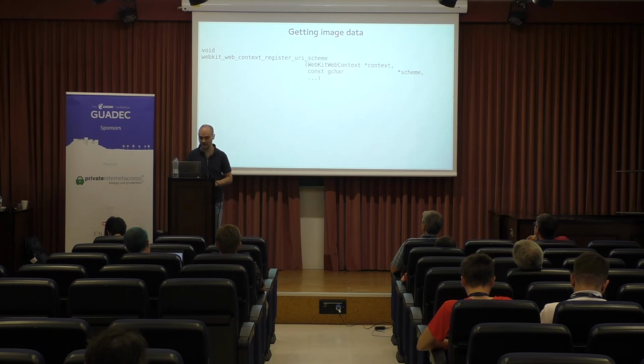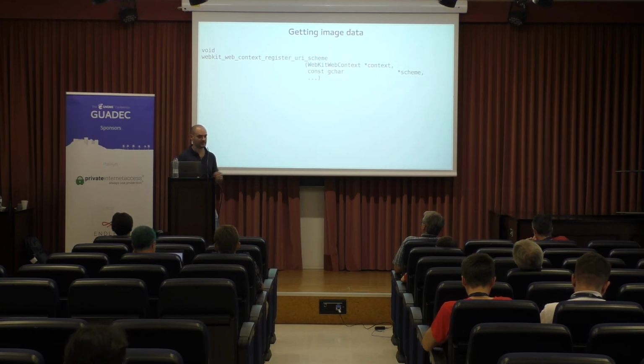So thankfully, WebKit lets you register a custom URI scheme. You can define any arbitrary new URI, and every time there's a request for that URI, WebKit will call a callback for you, so you can implement it and basically return any data you want to the JavaScript.